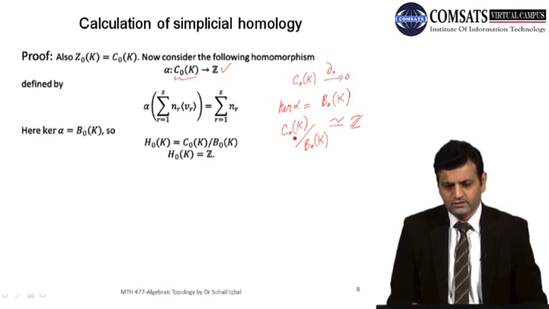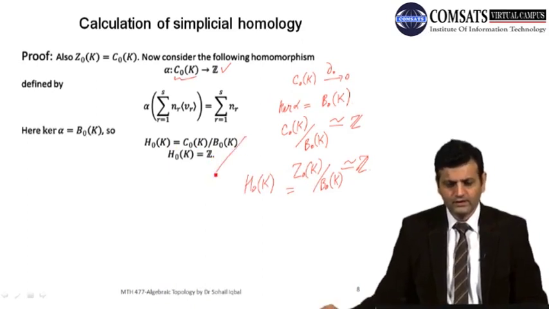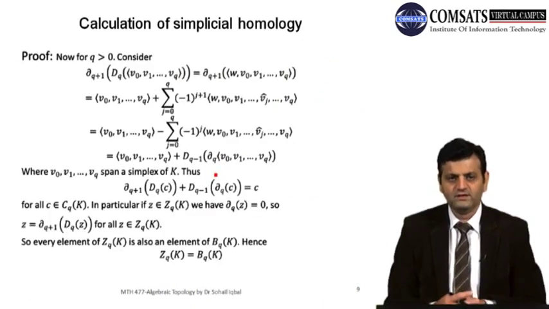Okay, so C0 k quotient B0 k is isomorphic to Z, so C0 k is basically Z0 k, so Z0 k quotient with B0 k is isomorphic to Z, and this is in fact H0 of k. So H0 of k is basically Z. Okay, so now we have calculated H0 of k and it becomes Z. So now consider the case when q is greater than 0.